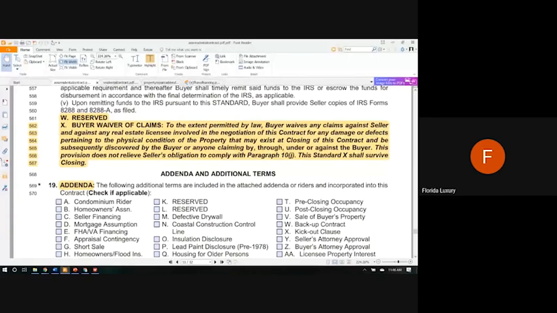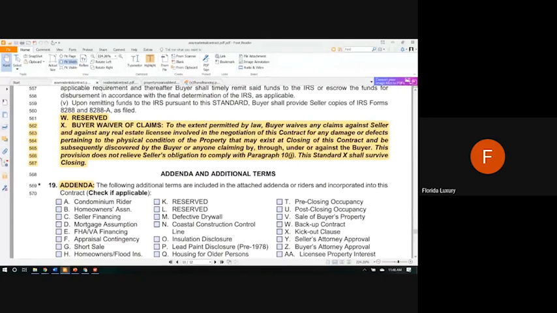In an as-is, it says the buyer waives any claims against the seller or any real estate licensee involved in the negotiation for any damage or defects pertaining to the physical condition of the property that exists at closing or subsequently discovered by the buyer or anyone claiming by, through, and so on.